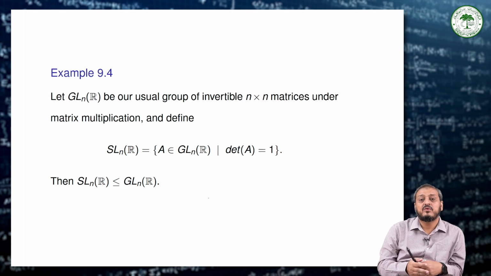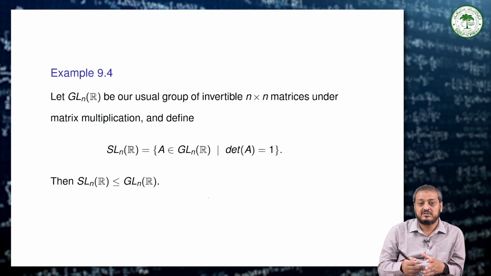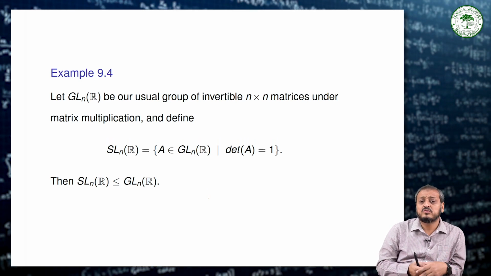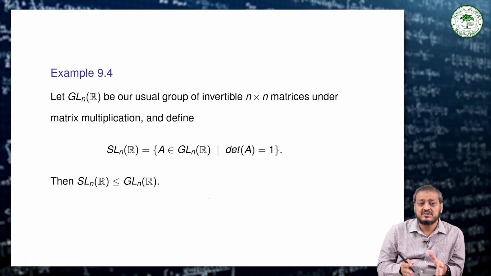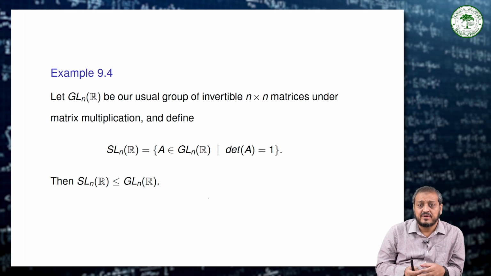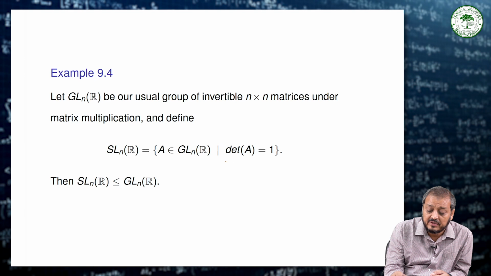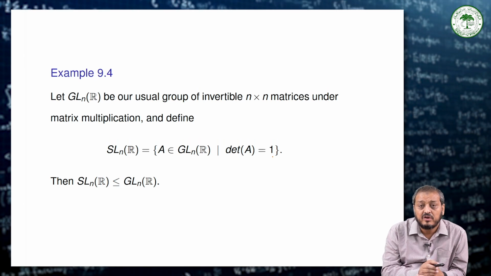Another example: we have to prove that GLnR, the group of all invertible matrices under matrix multiplication, has a subgroup where we take a special case, determinant of A equal to 1.